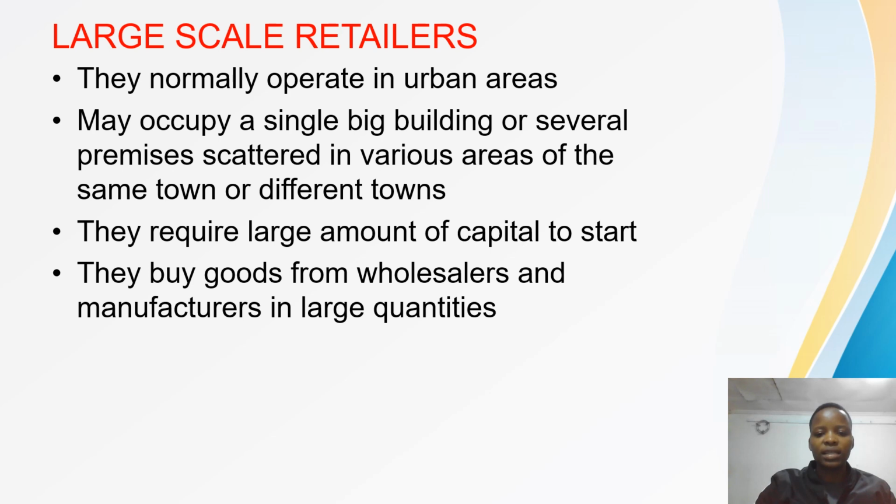So large scale retailers can decide to trade in one big building or in several premises scattered in various areas, and this is normally referred to as branches of a business. So a large scale retailer can decide to open many branches scattered in different urban centers.